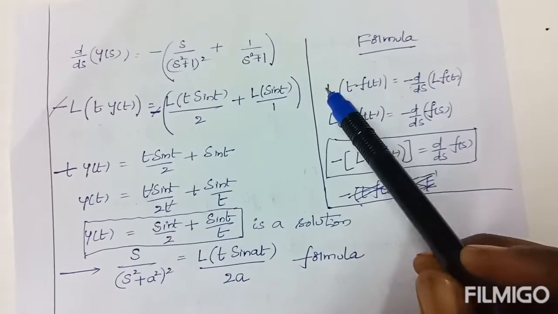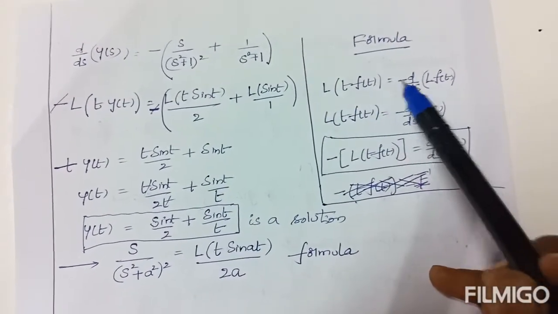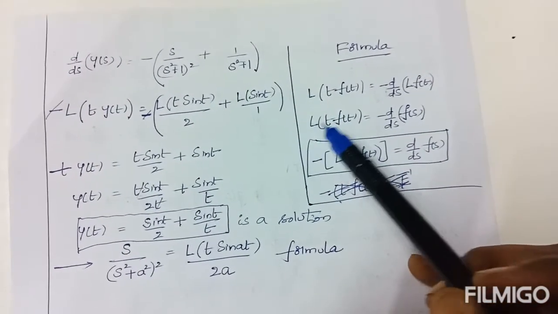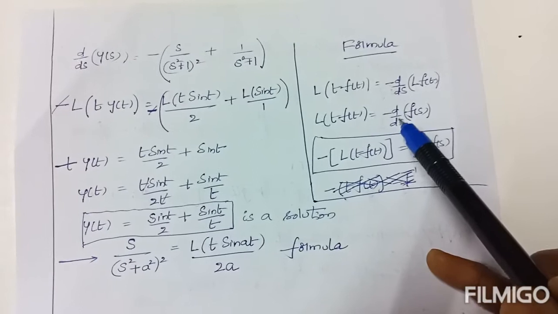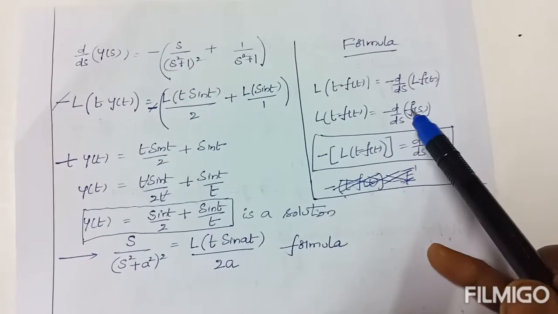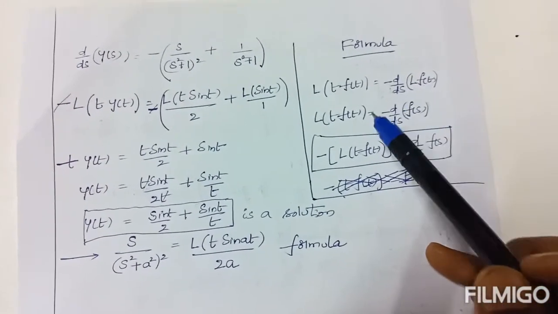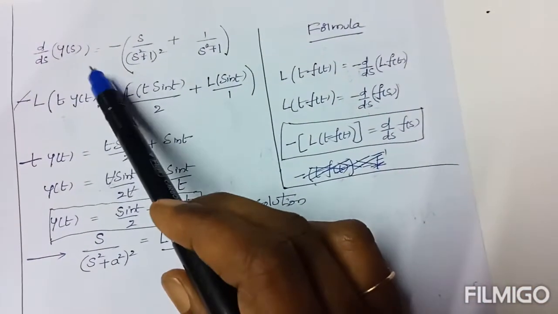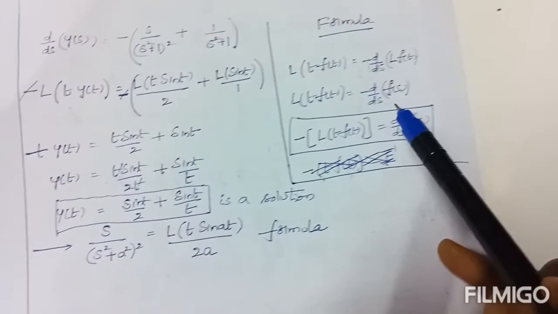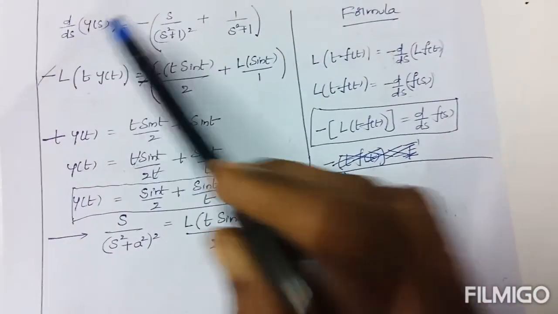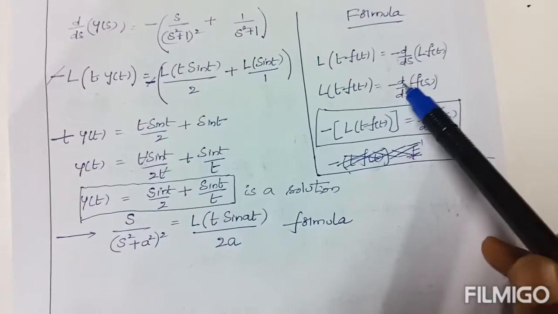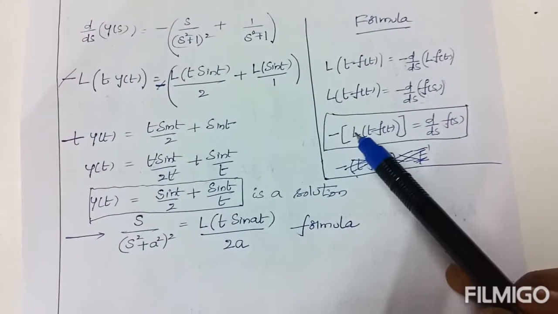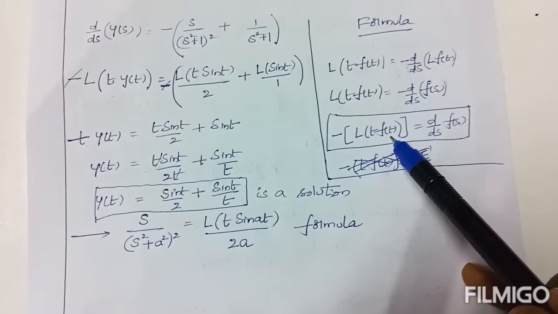Okay, after that, coming here, L of t into f of t equals minus d by ds of L of f of t, also written as f of s. Now here we had d by ds of y of s. This and this are the same. D by ds of f of s can be written as minus of L of t into f of t.